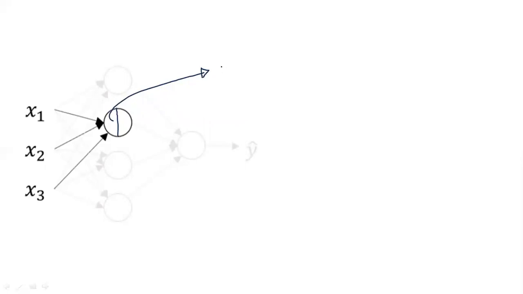My basic equation for z was z equal to w transpose x plus b. I'm working on the first layer, so I'll write 1 here. Now, which node am I working on? I'm working on the second node, so I'll write 2 in the subscript also. So this is the equation for z.